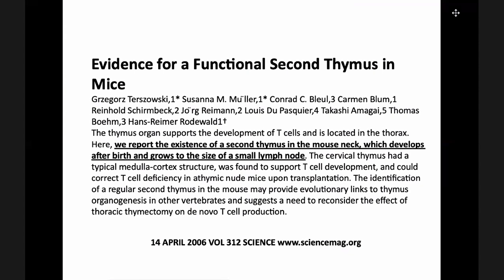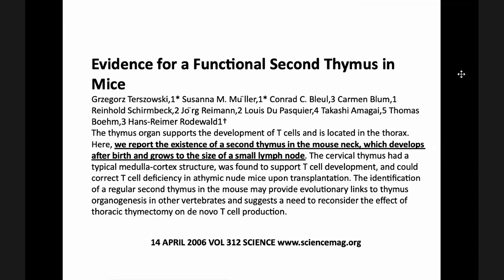In this study, they wrote this paper in Science, showing that there exists another thymus, which is much smaller in size than the thymus that you have. It's like the size of a lymph node. This is also called a cervical thymus because it is present in the neck of these mice.